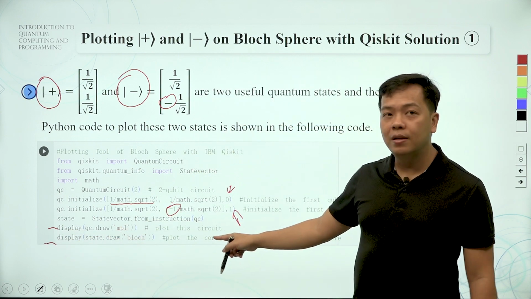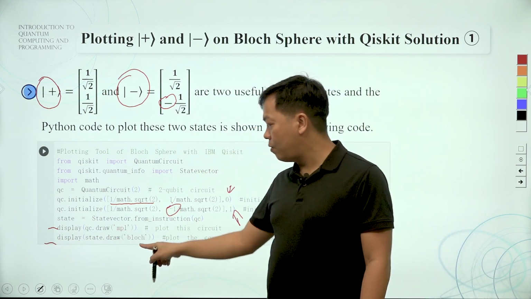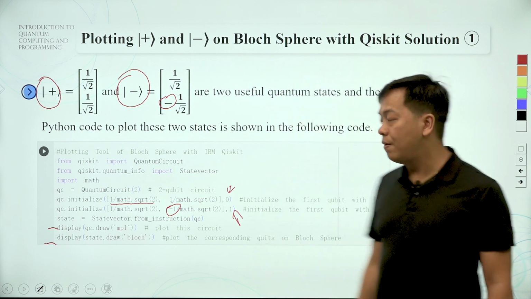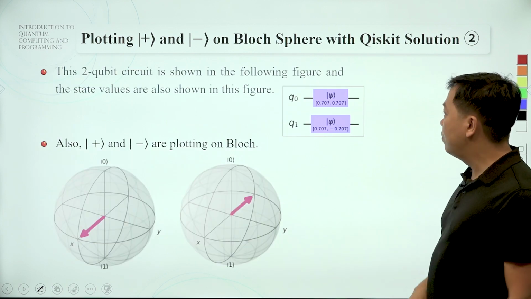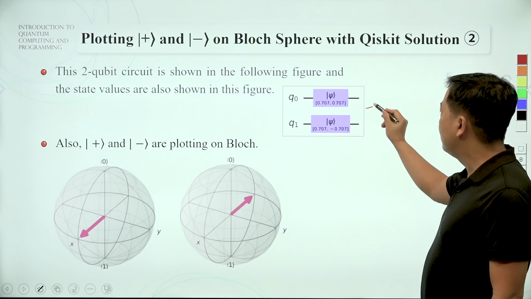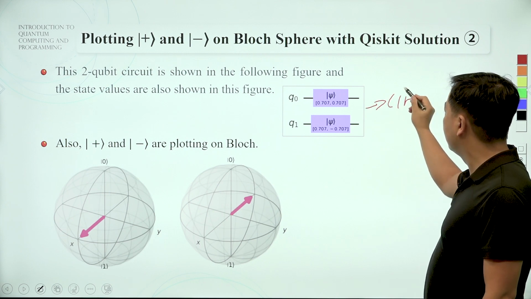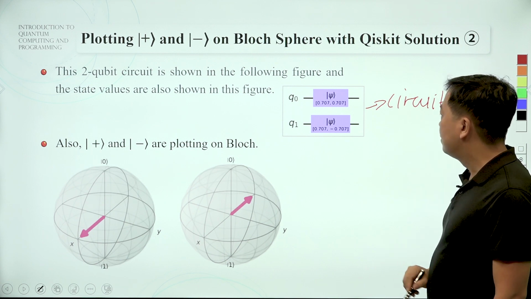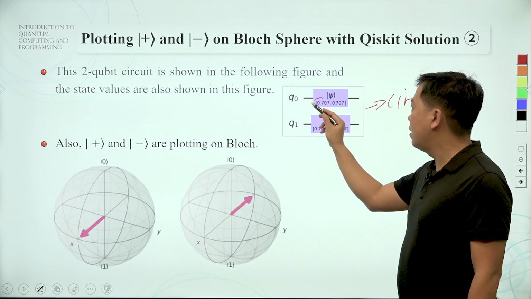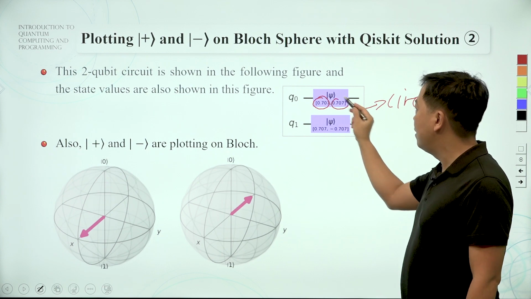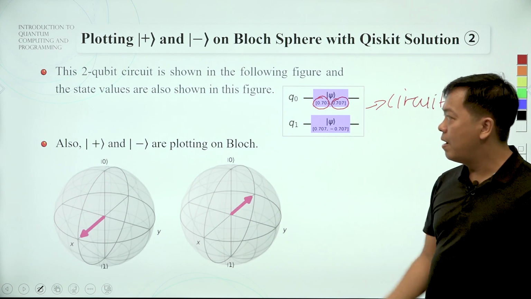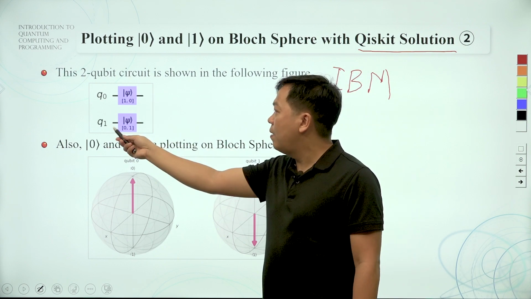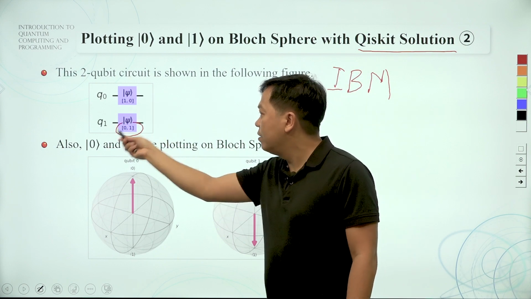After that we plot 2 parts: one is the circuit, and this one is the Bloch sphere. So similar to the previous lesson, we have this circuit. If you see the circuit over here, you can have some different values. This is the value in qubit 1 and 0, but this value is 0.